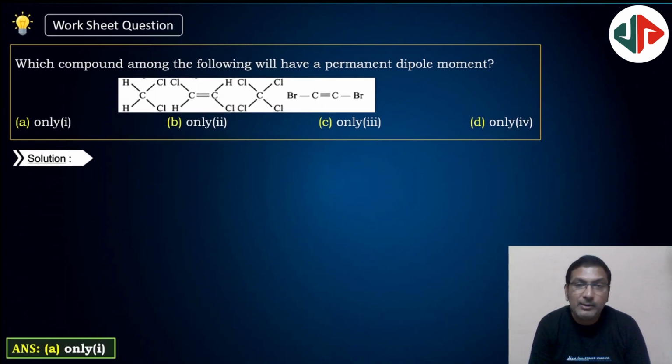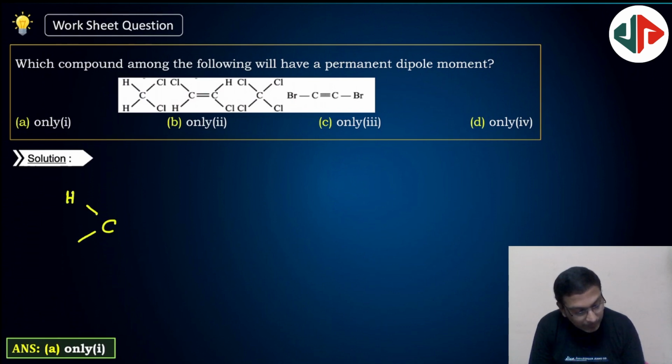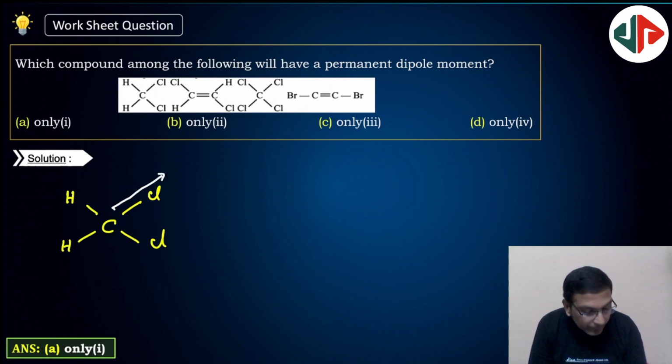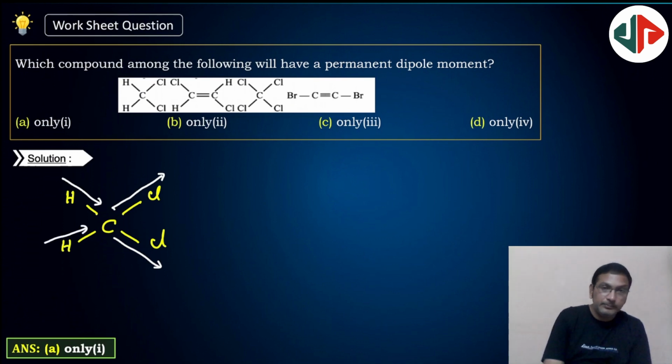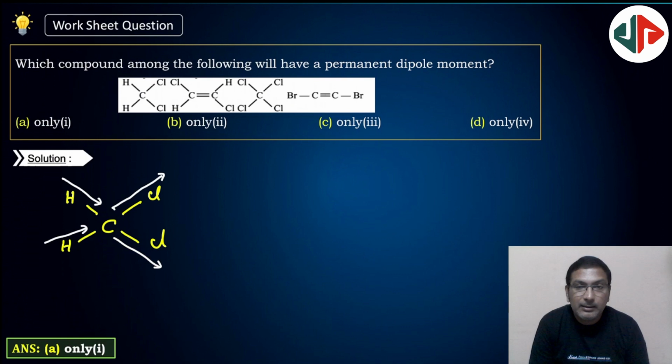Which compound among the following have a permanent dipole moment? See here, first molecule. So dipole direction in this direction, in this direction, and here in this direction, in this direction. So all are different.